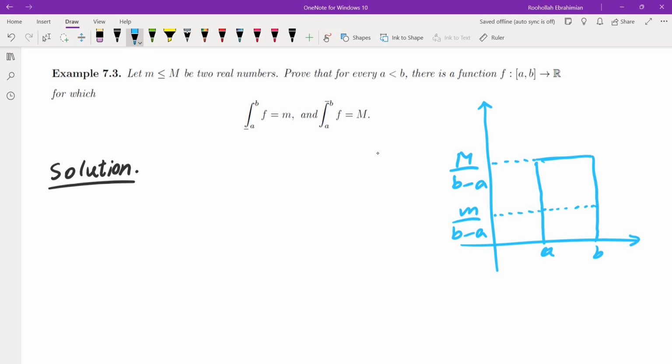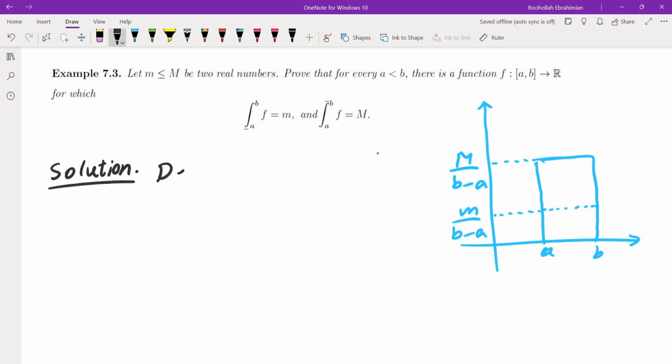So we're going to make sure that we have both values, capital M over b minus a and lowercase m over b minus a, in every interval. How can we do that? Using a similar strategy: choosing a set that is dense and whose complement is also dense.